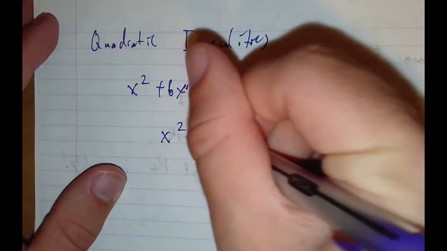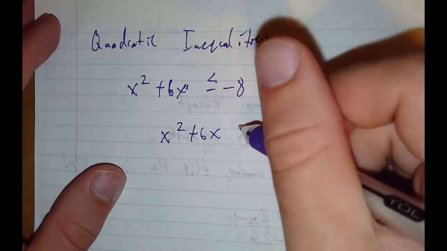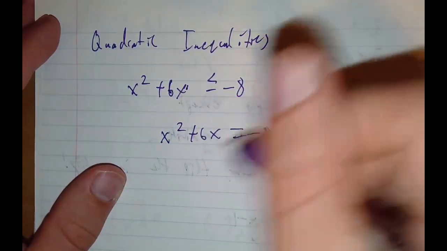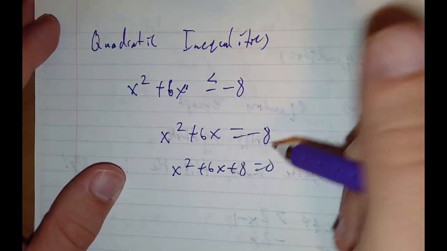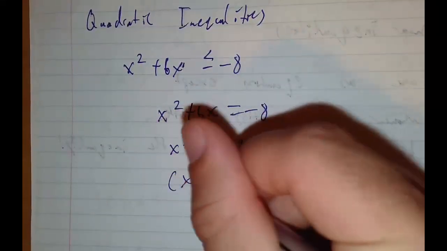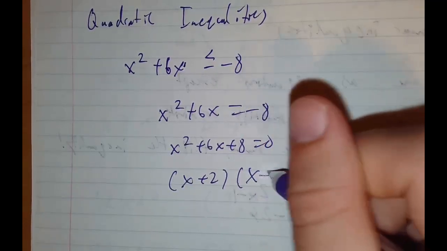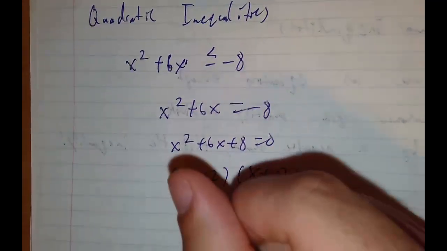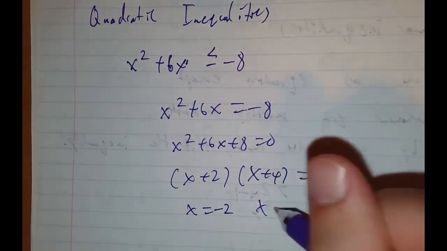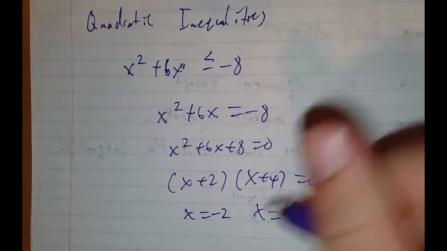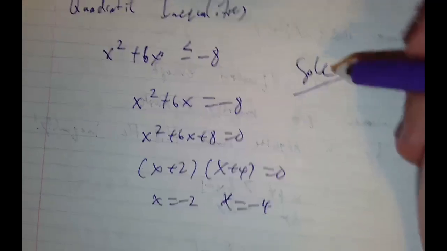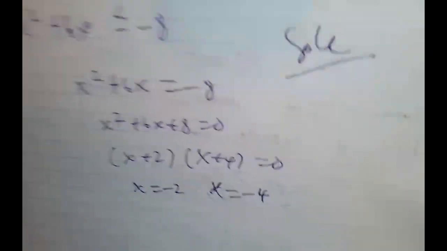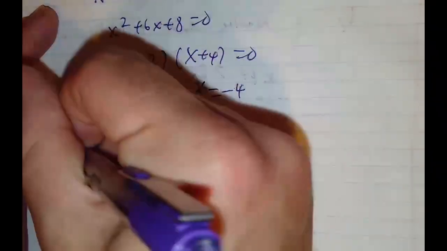So the first step is to turn this into equations. We're going to write x squared plus 6x is equal to -8. So x squared plus 6x plus 8 equals 0. We're going to have x plus 2, x plus 4 equals 0. And so our solutions are going to be x equals -2, x equals -4. So like first step is like solve. Okay. Then once we have our 2 points, you're going to put them on that number line.